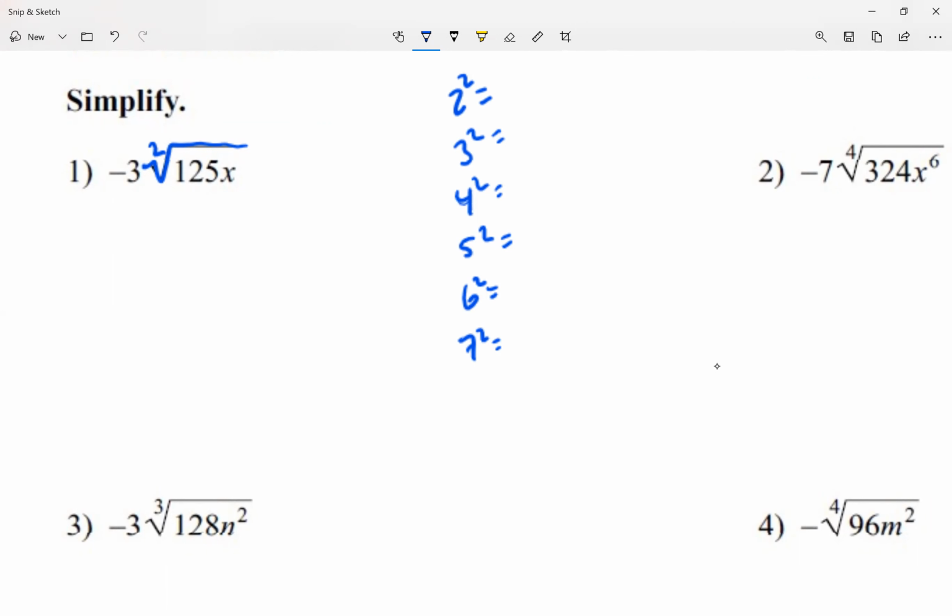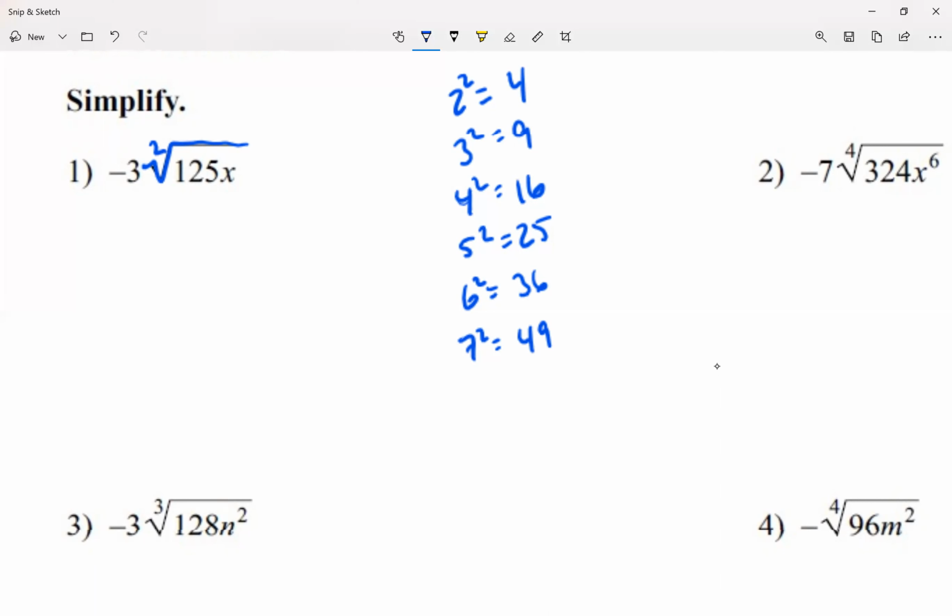If my root was 4, my exponent would be 4. So I know 2 squared is 4, 3 squared is 9, 4 squared is 16, 5 squared is 25, 6 squared is 36, and 7 squared is 49. The exponents, we're familiar with those. We're in Algebra 2, so we're familiar with those.